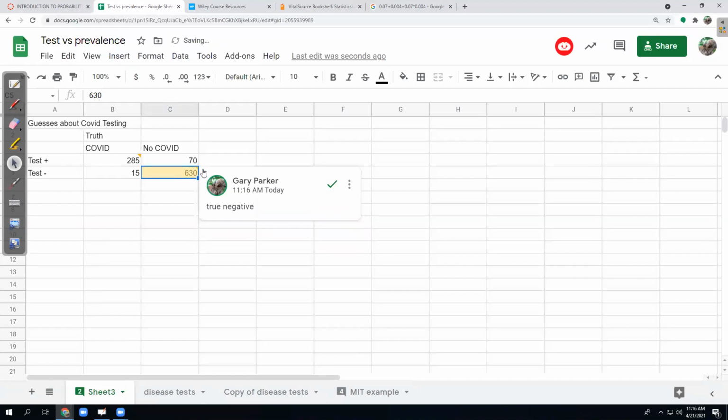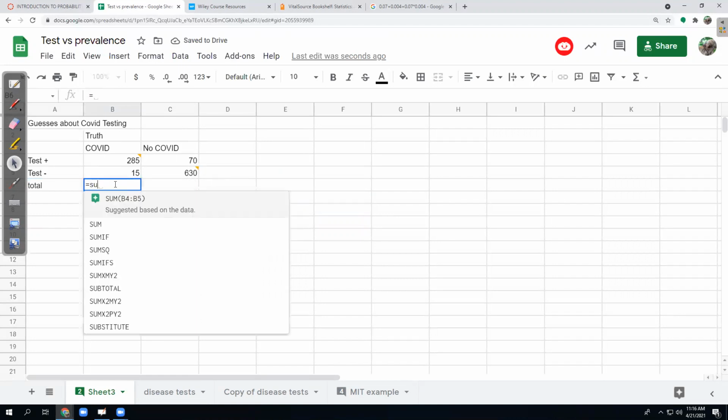Comment. Now, to do some probabilities, I need some totals. So I need to add up how many people had COVID, how many people didn't, how many people tested positive, how many didn't. And the ideal way to do that in a spreadsheet is you pick the cell you want the total to be. Total here, so I know what the numbers mean when I look back at it tomorrow. And the formula is equals SUM for sum.